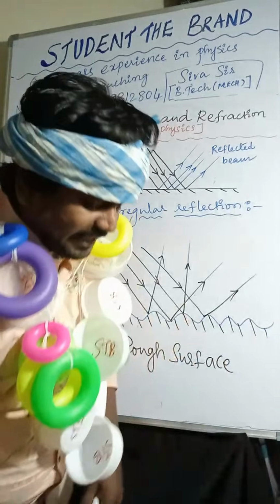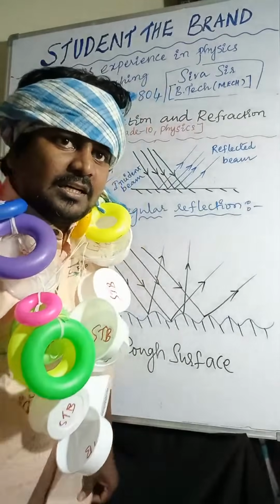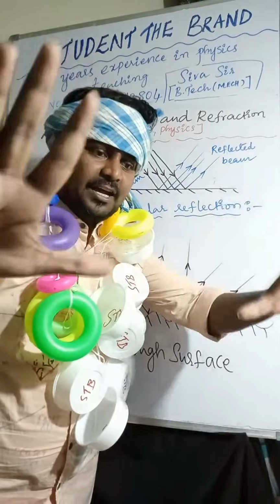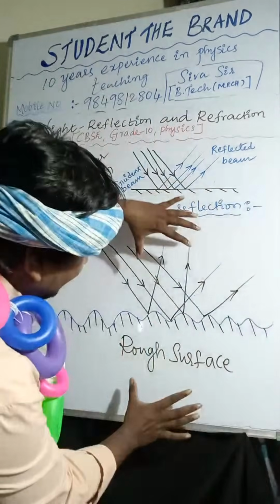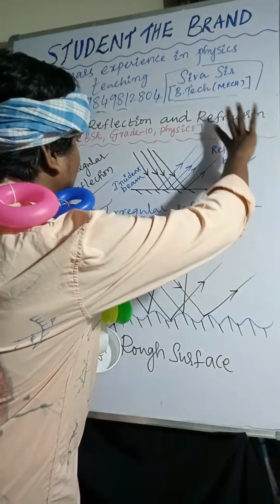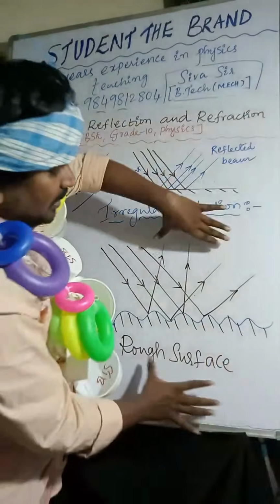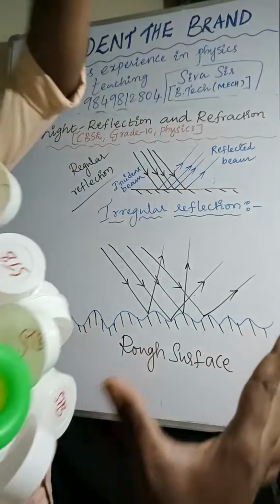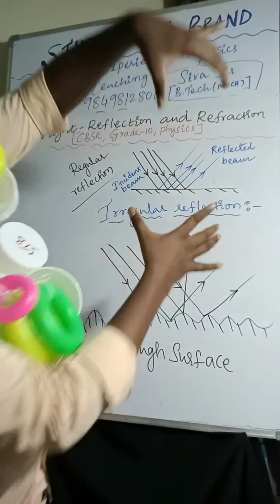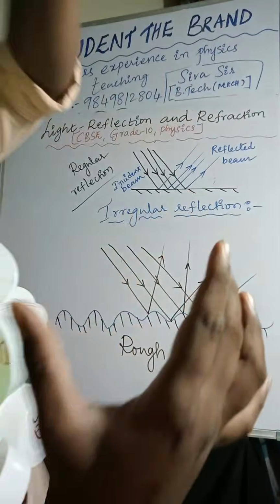Regular reflection takes place on smooth surface. Irregular reflection takes place on rough surface. This is rough surface. This is smooth surface. Regular, regular, irregular.